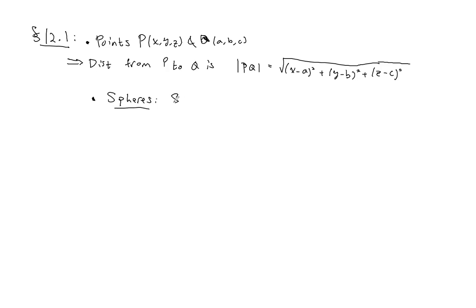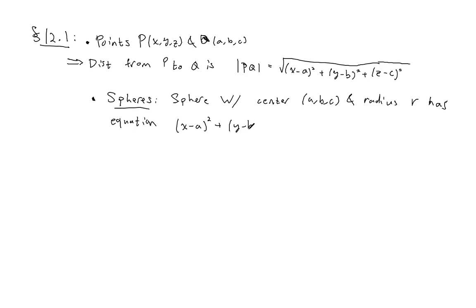So a sphere that has center given by A, B, C, and a radius R, well, then the equation of that sphere is going to be X minus A squared plus Y minus B squared plus Z minus C squared is equal to R squared.